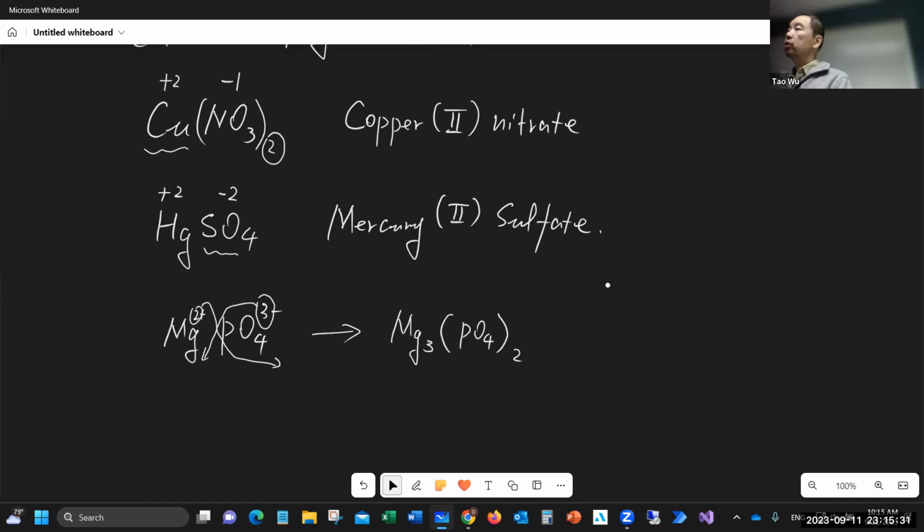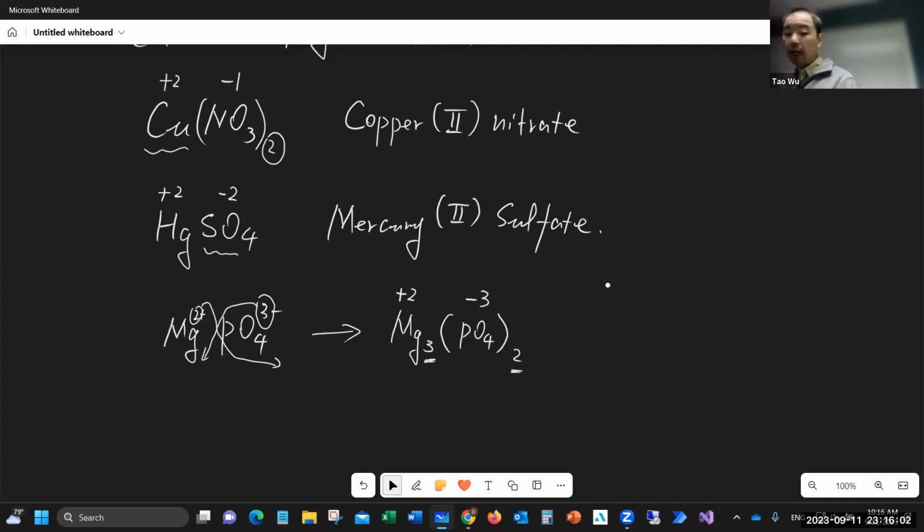What do we call this? We just call the cation's name plus the anion's name. You don't have to specify how many of each, because we always balance based on the charge. That's why for ionic compounds we specify the charge. Phosphate has 3 negative charge, so you can calculate that magnesium is 2 positive.